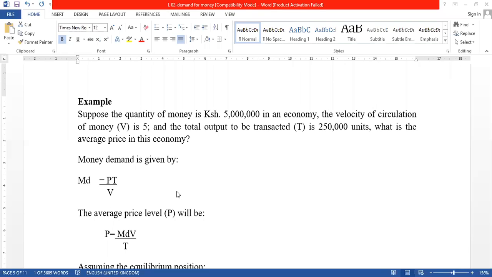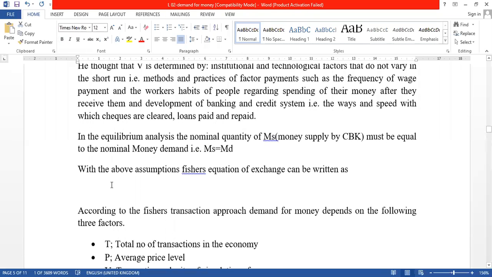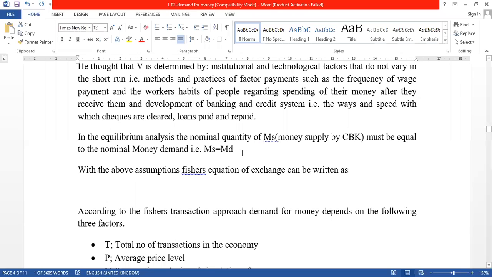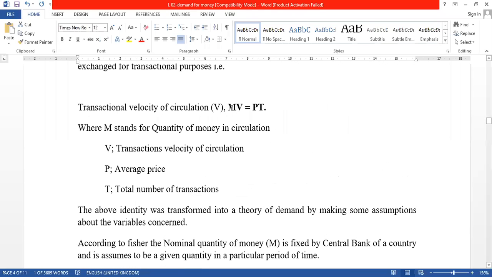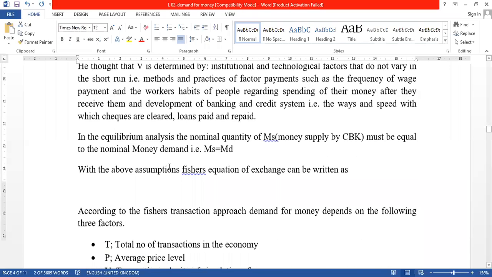Good, thank you. And therefore, the demand for money will be given by this formula. Remember, this is simply the formula that we've just seen, where MV is equal to PT, and M stands for the quantity of money in circulation.